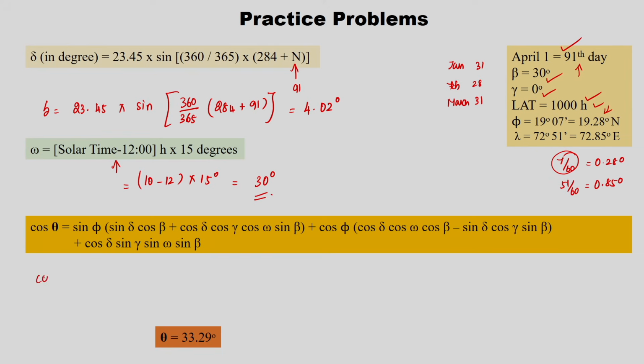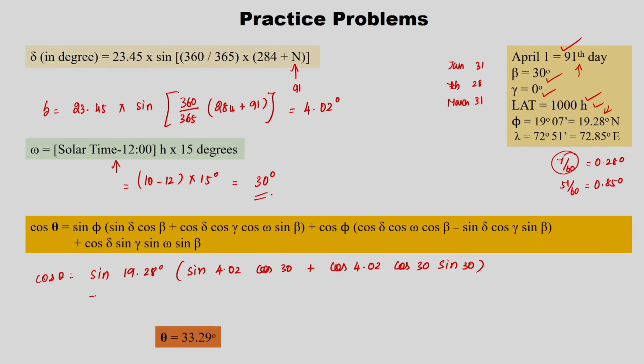From that we can calculate cos theta, which is nothing but sine of 19.28 degree into sine of declination angle 4.02 cos 30 plus cos 4.02 cos gamma, cos of 0, that is 1. So we do not need to take cos 30 into account; omega is 30 and then sin 30, beta is 30.